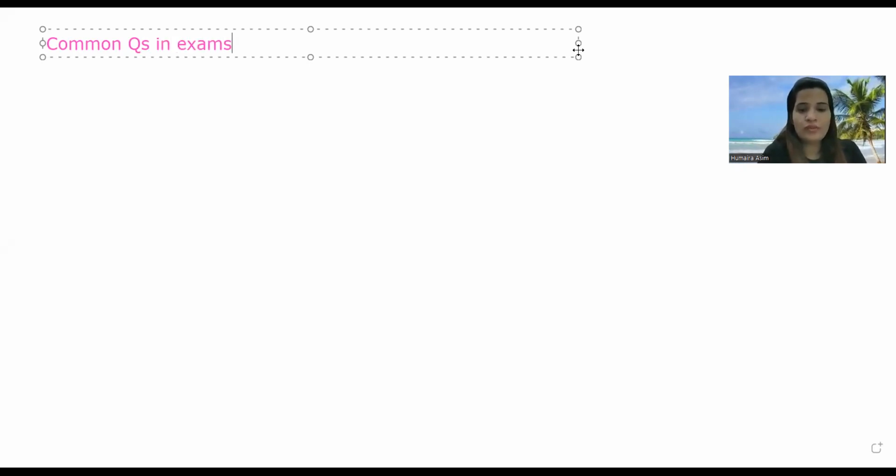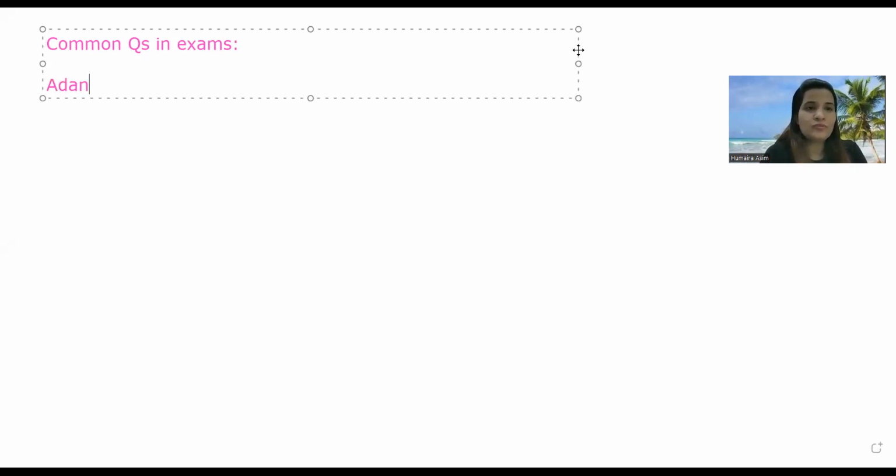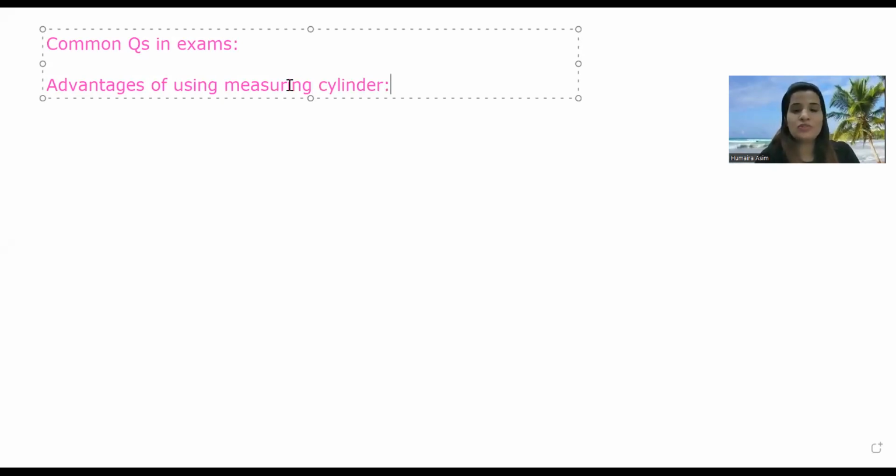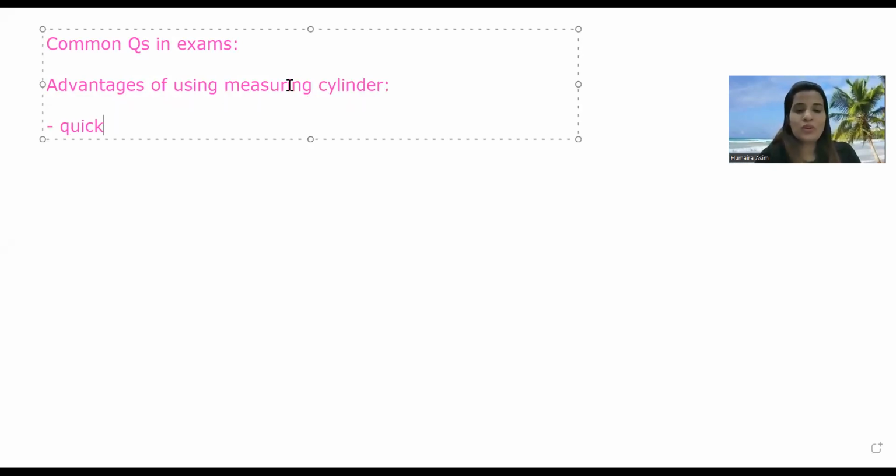What do they ask? They ask about the advantages of using a measuring cylinder. When we are talking about the advantages of using a measuring cylinder, it is quick and easy to use.